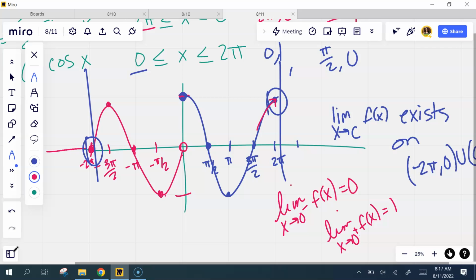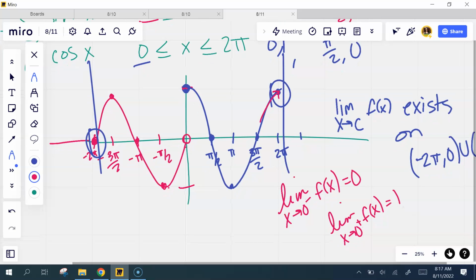Do you see that? I'm going to guess most of you put 0 and 2 pi. But 0 has a left-hand and a right-hand limit. They're just not the same. But 2 pi only has a left-hand limit. There's no graph over here coming in from the right. Does that make sense?